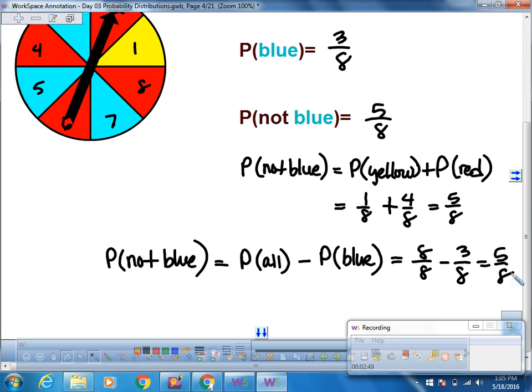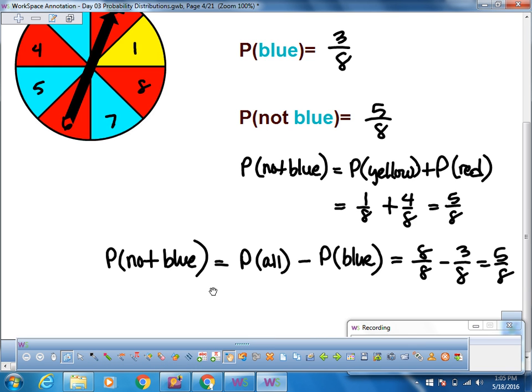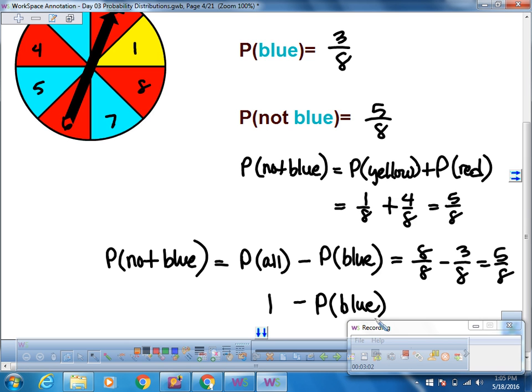Another way to write this is 1 minus the probability. Why in the world would I write a 1 there? It's 8 over 8, so 1 whole, or how about 100%?